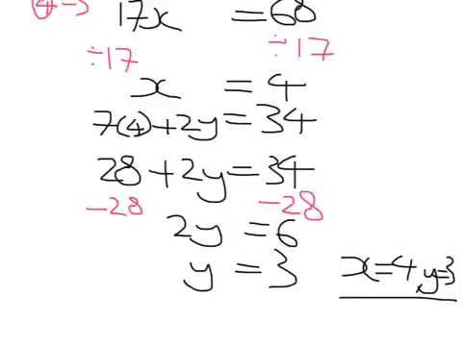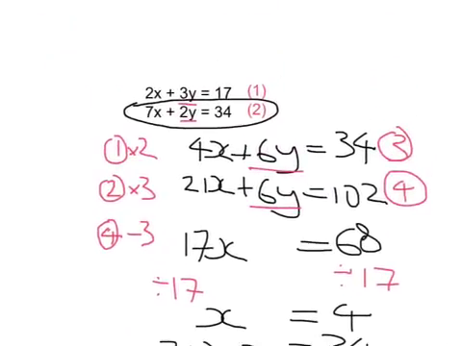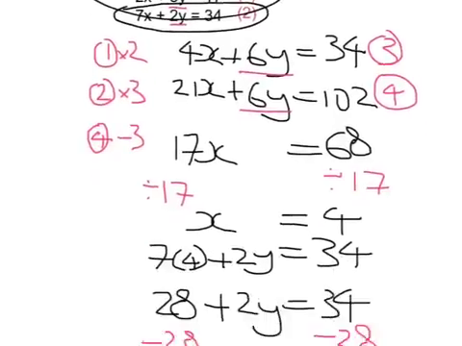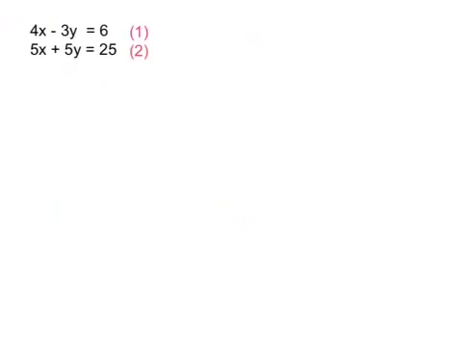Underline that, and you can go back to the top and you can check it by substituting it into equation 1 if you want to double check that. So here's an example that I want you to try, showing all your working out. A couple of things to remember about this one.